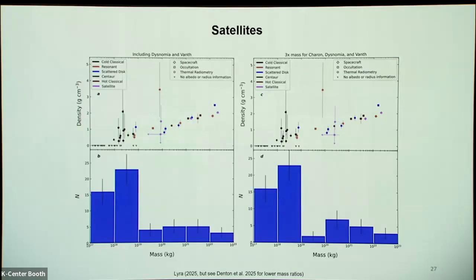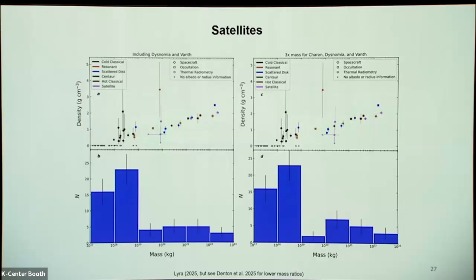So this is the same plot, but with proto-Vanth and proto-Dysnomia with 3 times the mass but the same density. What I found weird in this plot is that Orcus does not follow the density trend but Dysnomia does. If you multiply their masses by 3, Orcus now kind of follows the trend and Dysnomia does not. So what is it saying?